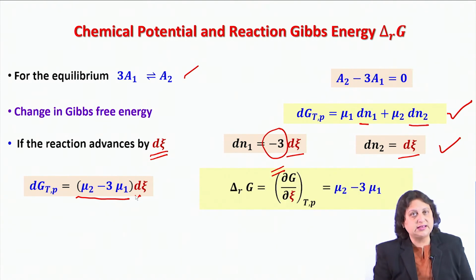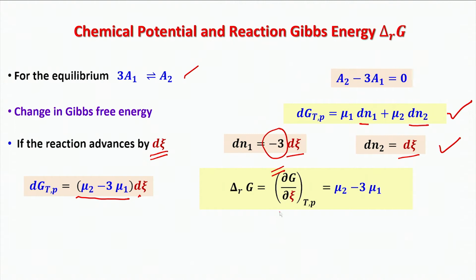The answer is yes. The reaction Gibbs energy, which is defined as del G del xi at constant T and P, is given by mu2 minus 3 mu1.